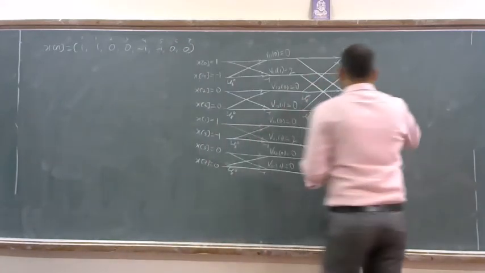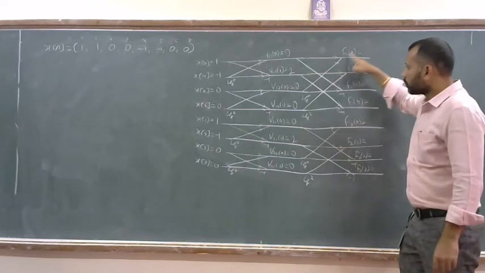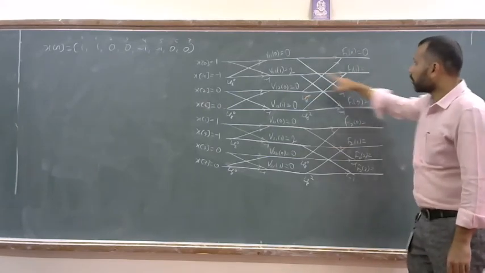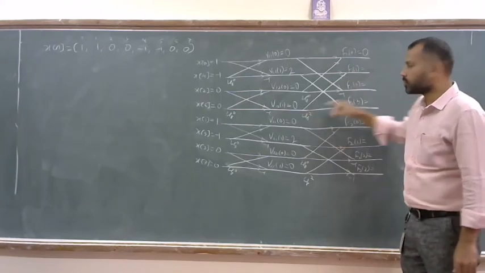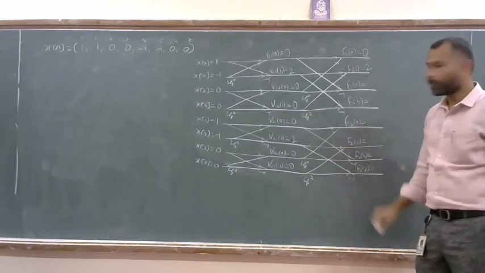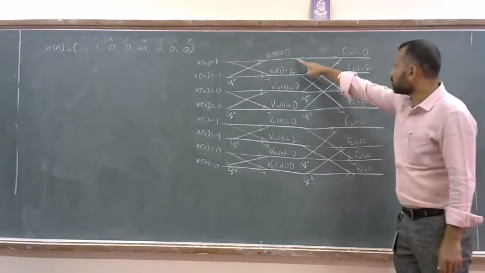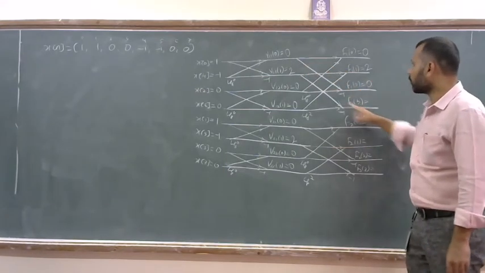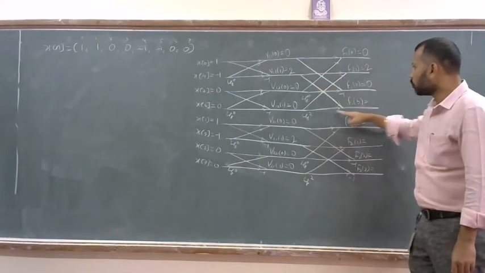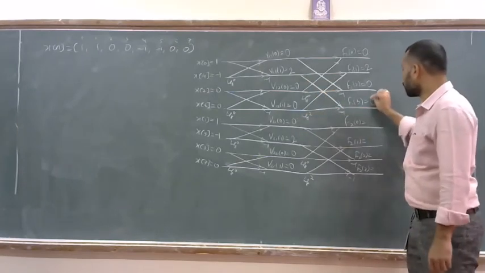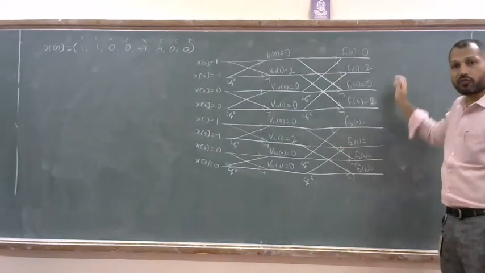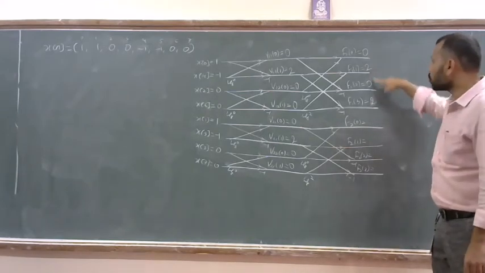Now, F1 of 0 will be 0 plus 0. F1 of 1 will be 2 plus 0, 2. F1 of 2 will be 0 minus 0, 0. And F1 of 3 will be 2 minus 0, 2. So, the first 4-point DFT is 0 2 0 2.